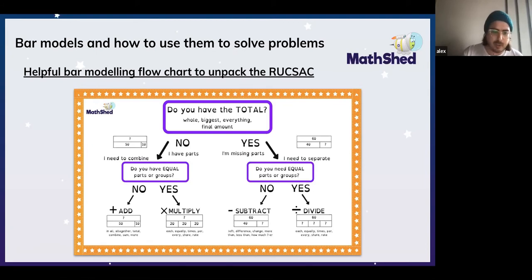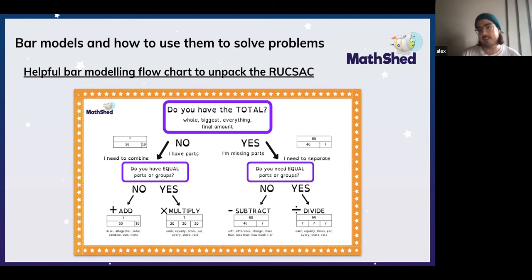We've got all these keywords along the bottom: altogether, total, per, share, difference, equally, times, and so on and so forth. So that helps them underline the keywords, choose the operations, which will then lead them to solve and answer and check.